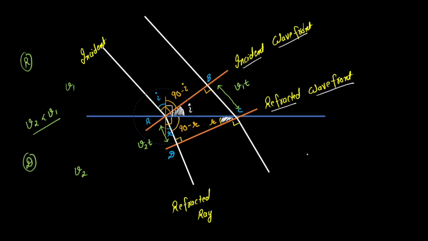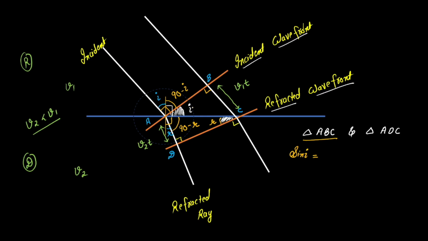Now, if you carefully see, both of these are right angle triangles. The triangle number 1 is triangle ABC, and the other triangle is triangle ADC. In triangle ABC, if we find the value of sine I, it is perpendicular divided by hypotenuse.